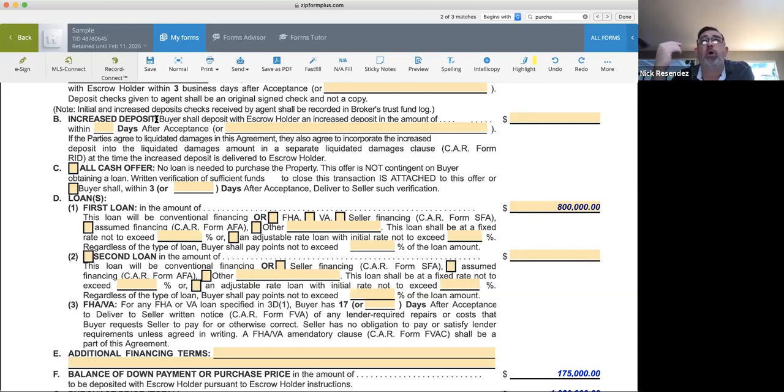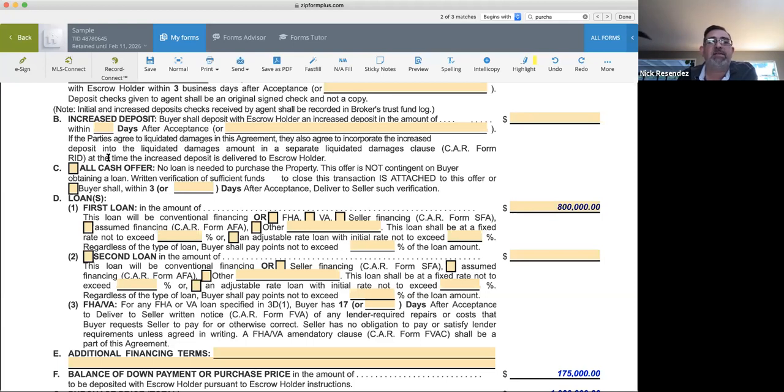We were working with a buyer on a probate deal, and the court said that all the contingencies had to be removed in order to buy the property, and the buyer hadn't finished their pre-approval yet. So they said, you know what we'll do? We'll put a $500 deposit now, and then we'll increase our deposit in 10 days after we get our loan approval.